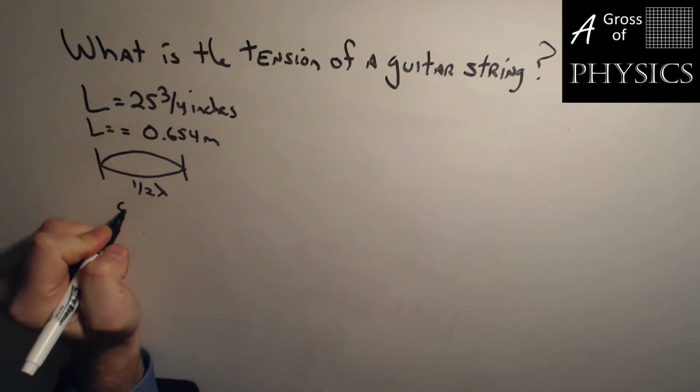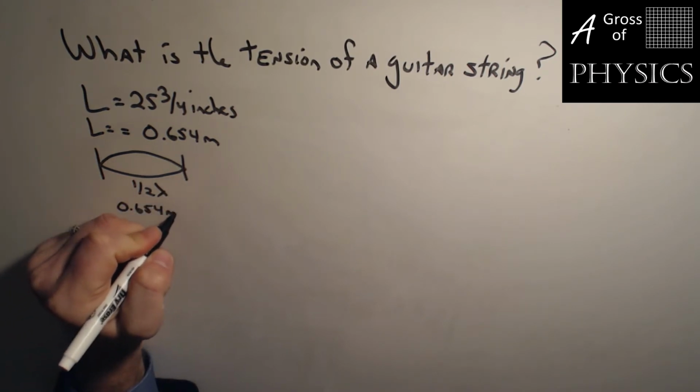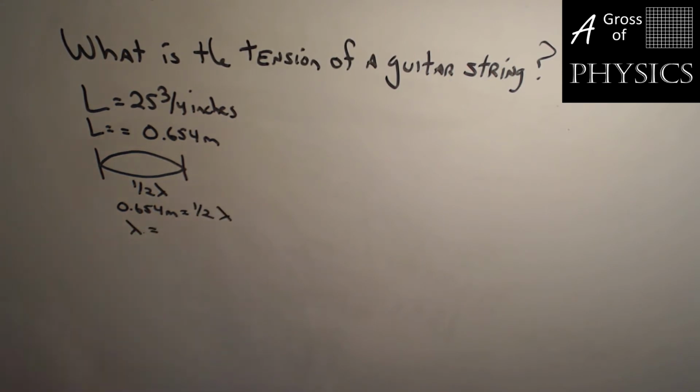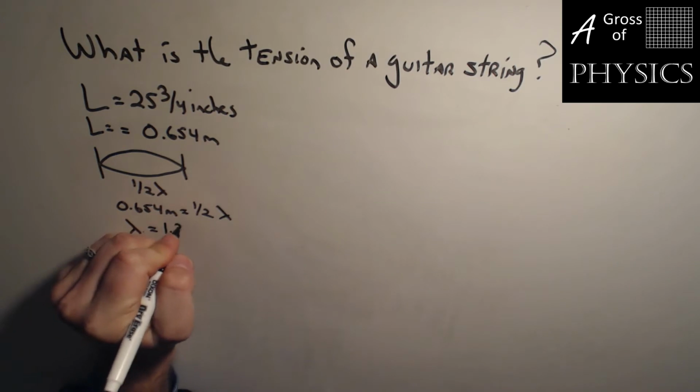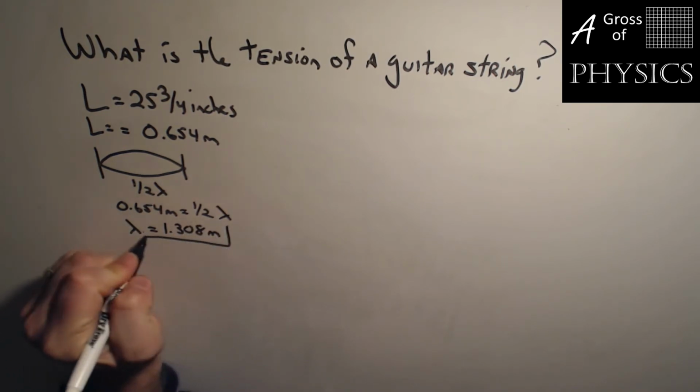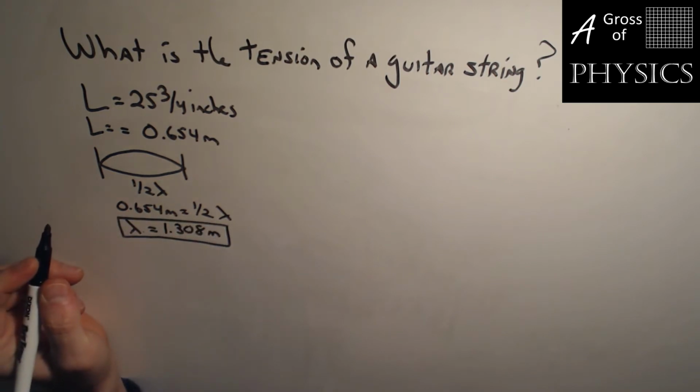So L, which is 0.654 meters, is 1/2 lambda, which means lambda is 0.654 times 2. Using the calculator, 0.654 times 2, I get 1.308 meters. So that's my wavelength.